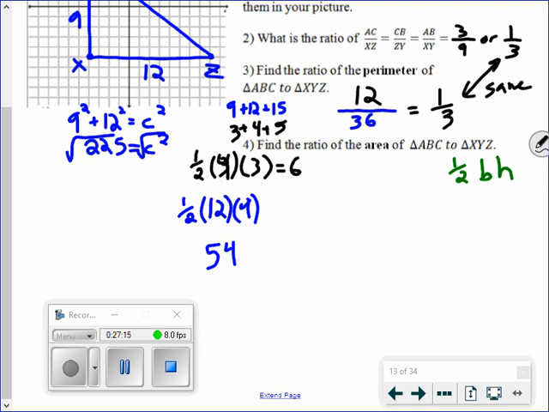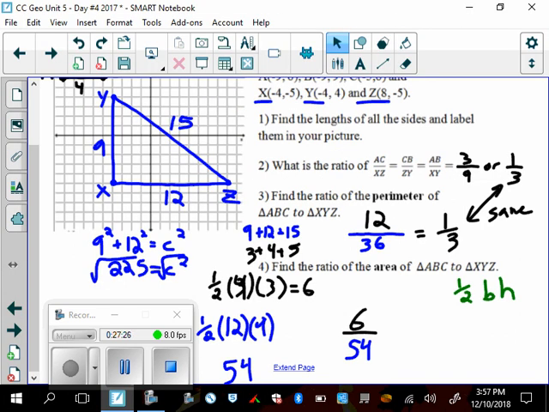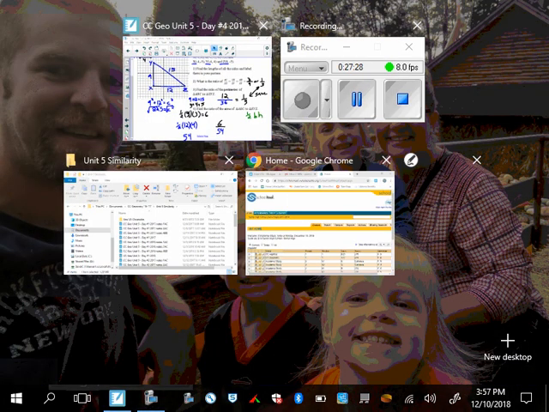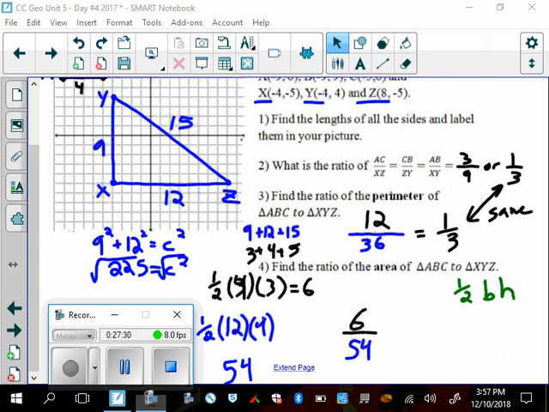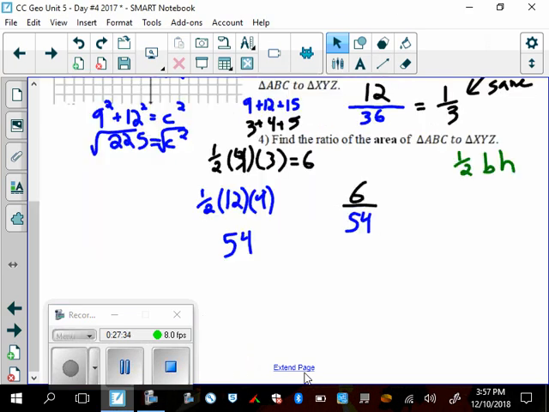So if I'm comparing their areas, I would do 6 over 54. If I put that in my calculator, this would simplify to 1/9.